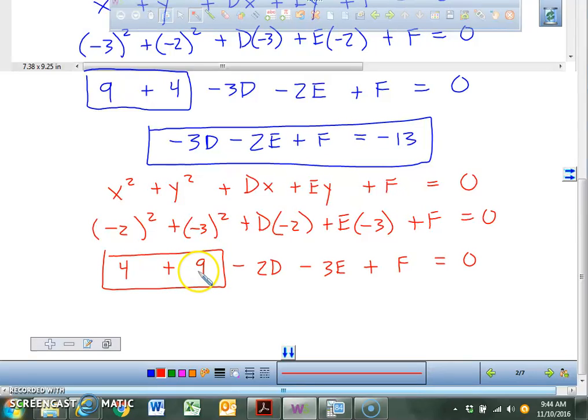That's going to add to a 13. But what am I going to do? I'm going to move it across, and it's going to become -13. So here's my final equation in red. Minus 2D minus 3E plus F equals -13.